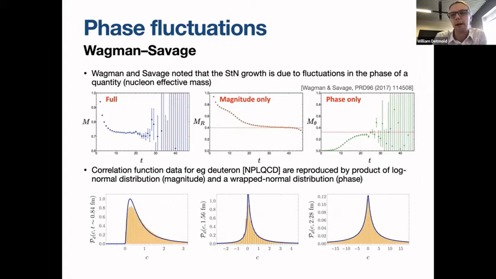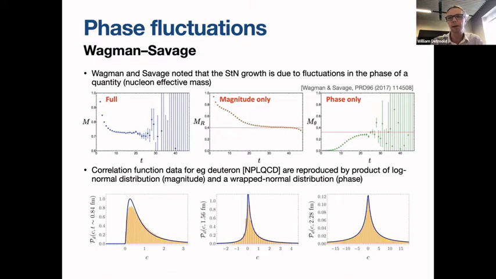And a wrapped normal distribution is really a normal distribution where you've imposed periodicity. And so as opposed to falling off forever, it falls off until you have the periodic constraint. And if the fall off is slow enough, you essentially get a constant distribution. So the product of these two is able to describe what we see in our lattice QCD calculations.